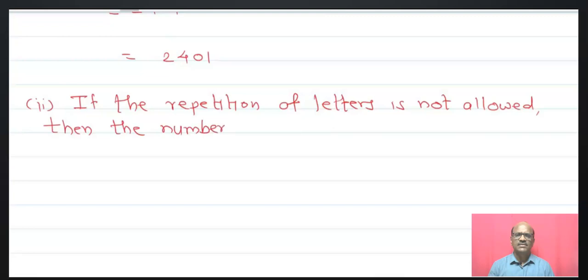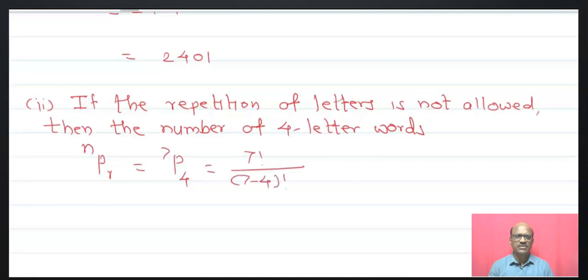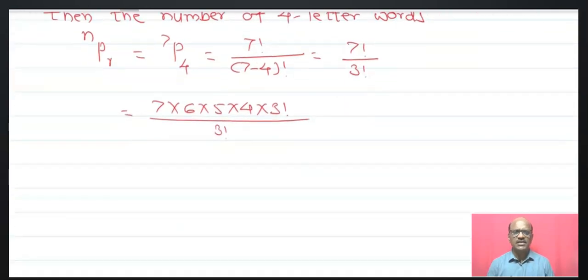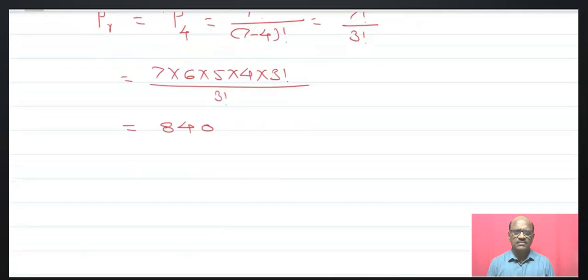Then the number of 4-letter words, that is nPr, is equal to 7P4, 7 factorial upon (7 minus 4) factorial. That is equal to 7 factorial upon 3 factorial, 7 into 6 into 5 into 4 into 3 factorial upon 3 factorial. These two get cancelled, and you will get 840 when the repetition is not allowed.